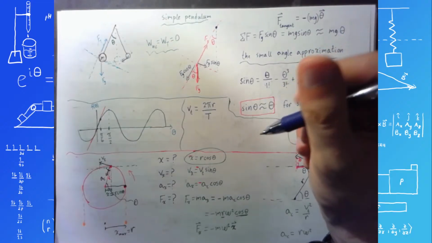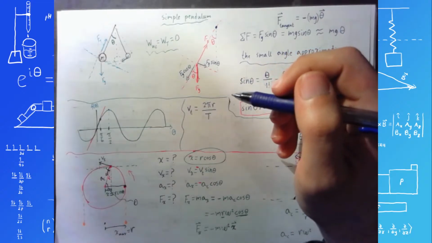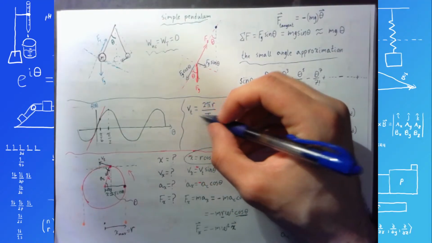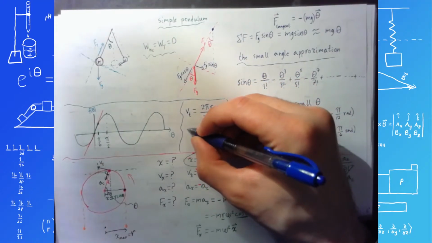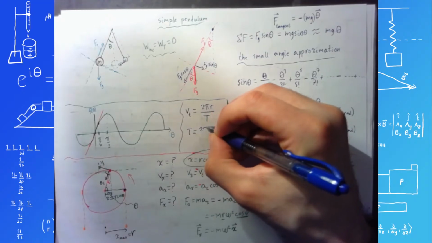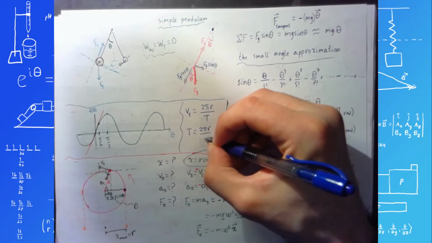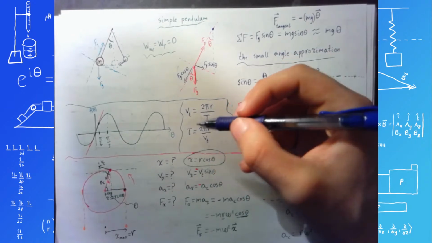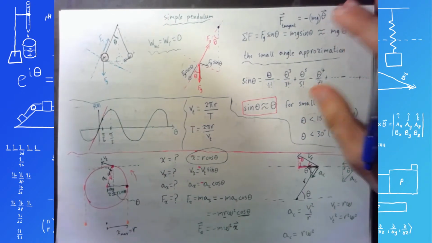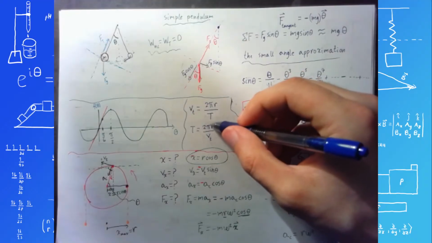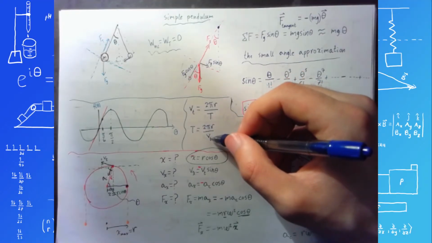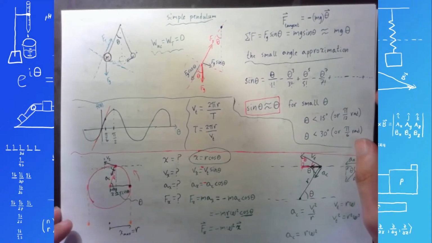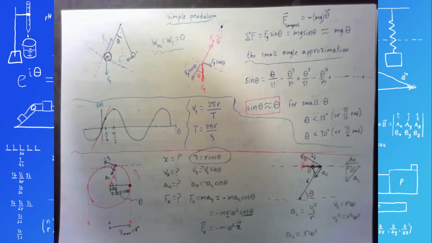That's what we said. And then we took this equation and rearranged it, and we multiplied the t over to the left, we divided the v over to the right, and we got t equals 2 pi r over v tangential. The time it takes to circle around once is equal to the circumference of the circle, the total distance, divided by how quickly you are traveling along the circle. Distance divided by speed equals time.